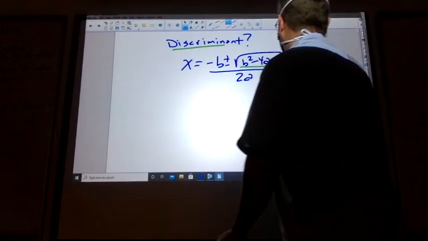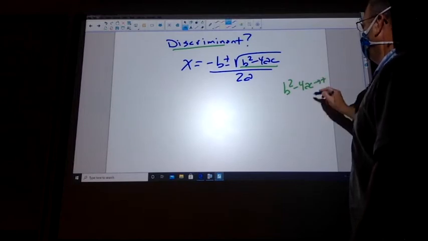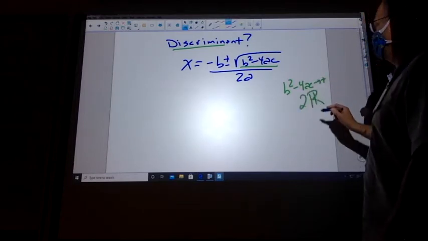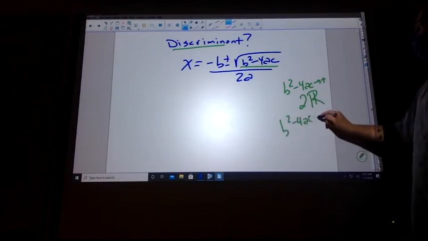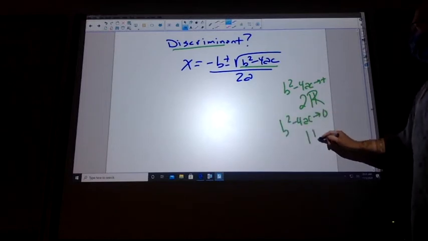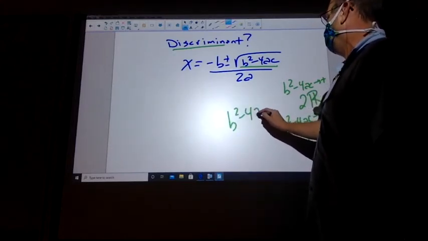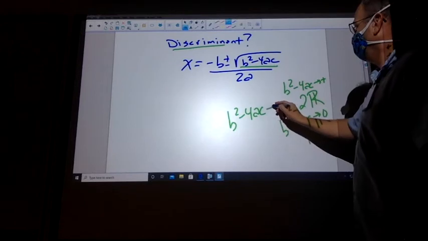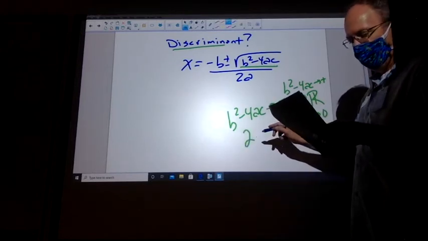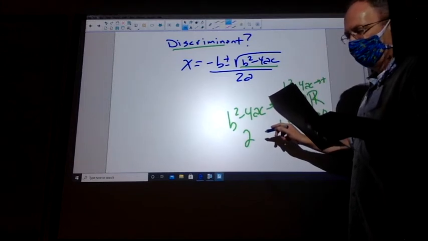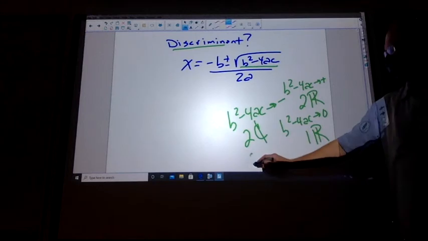If b squared minus 4ac is a positive number, you have 2 real solutions. If it is equal to 0, you have 1 real solution. And if it is a negative answer, you have 2 complex solutions, meaning they're imaginary numbers.